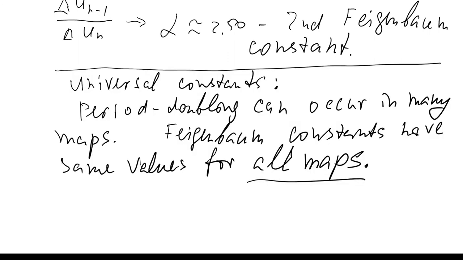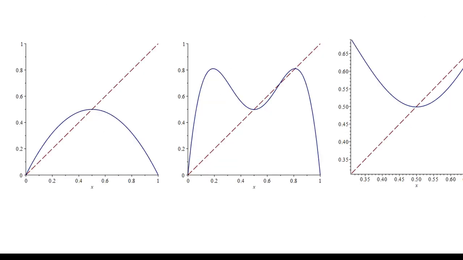Derivation of the first Feigenbaum constant is quite sophisticated, but I can show how to estimate at least the second Feigenbaum constant. So I will use these plots for illustration of how I want to estimate the second Feigenbaum constant.